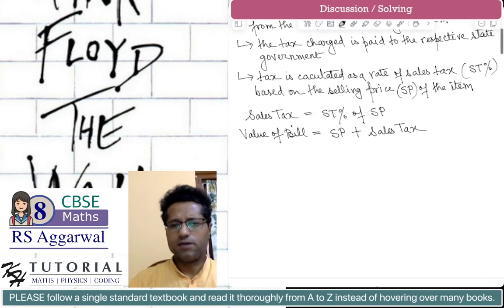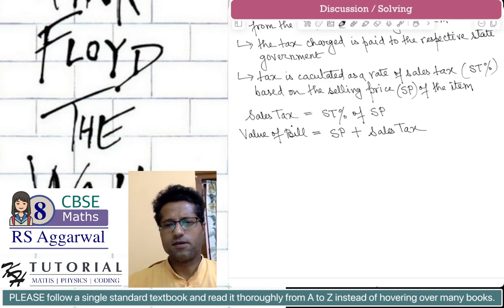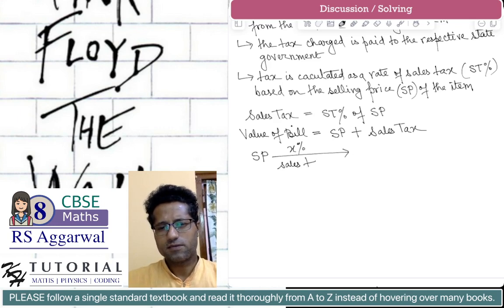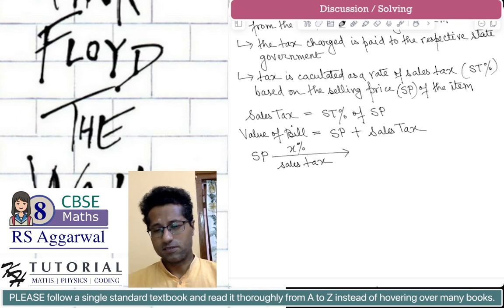Now visually you can consider, let's say we have the SP, that is the selling price of an item. We have a selling price of an item, and there is, let's say, X percent sales tax applied or added.